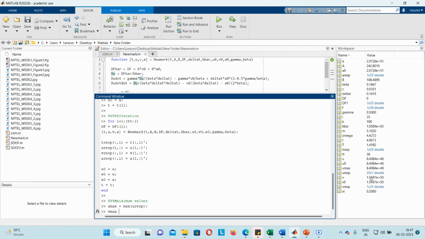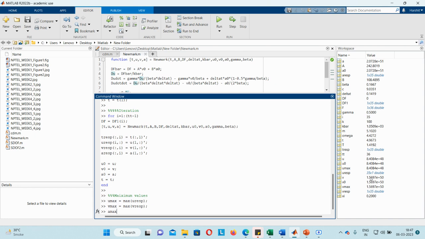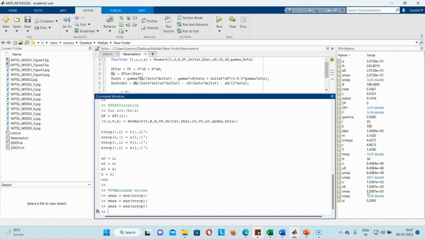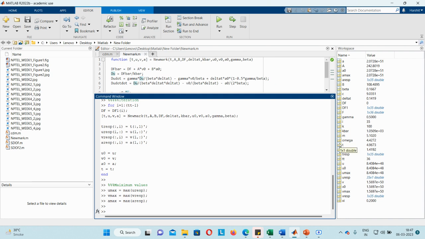V max is nothing but max of V response. A max is nothing but max of A response. Okay, so on the side you can see U max, V max, and A max value and how they are varying. And then we can plot the response.